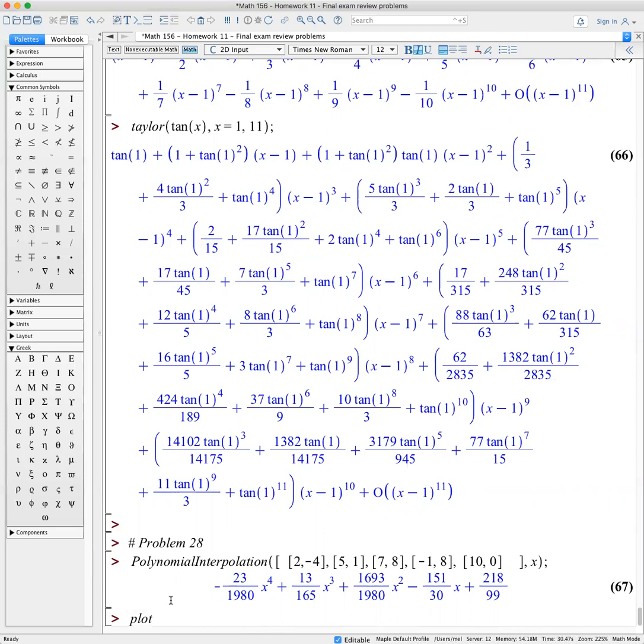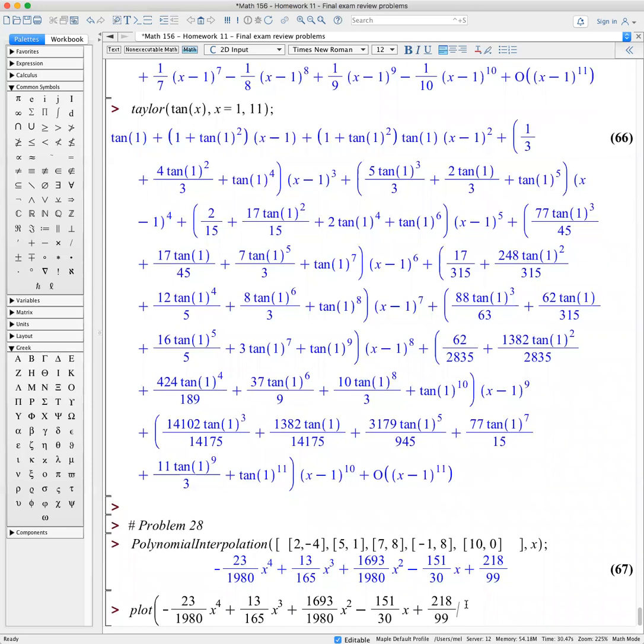And if I plot this polynomial for x going from 0 to 11.